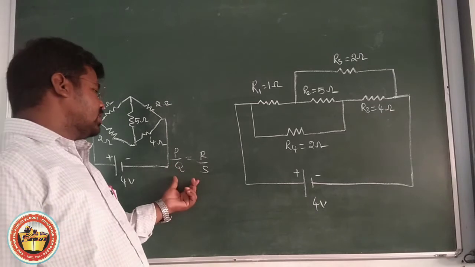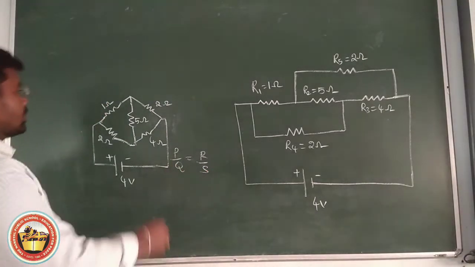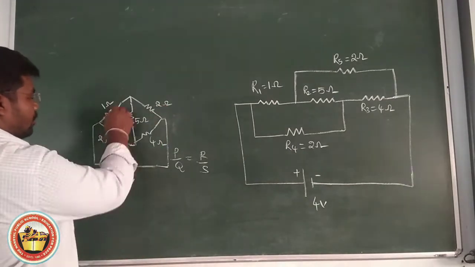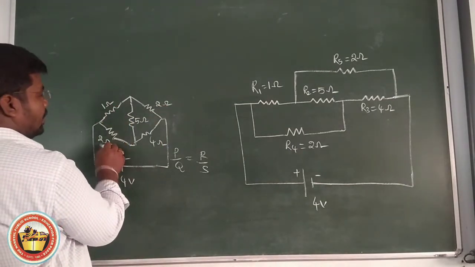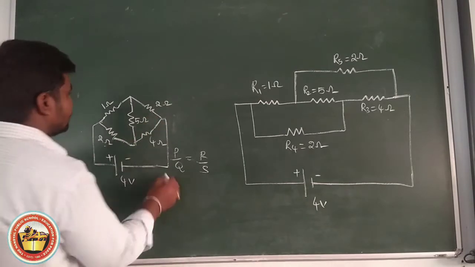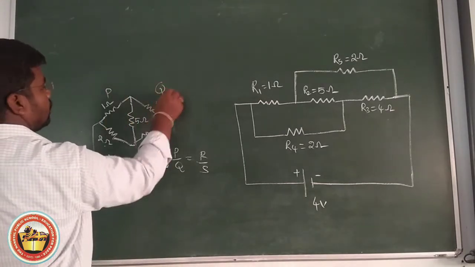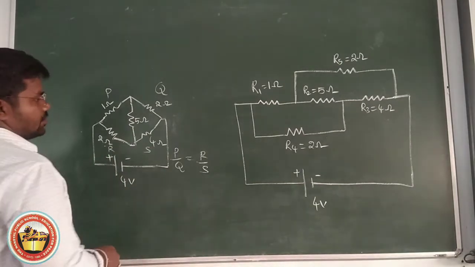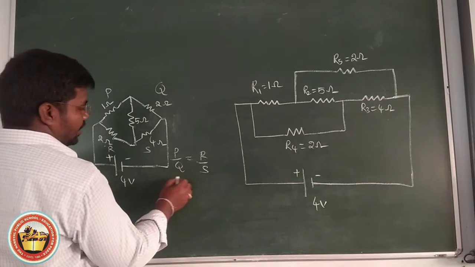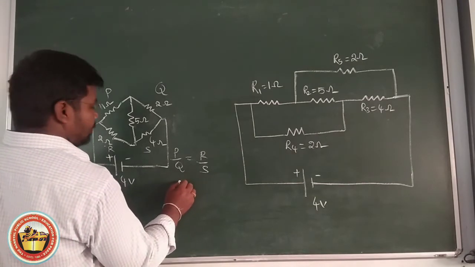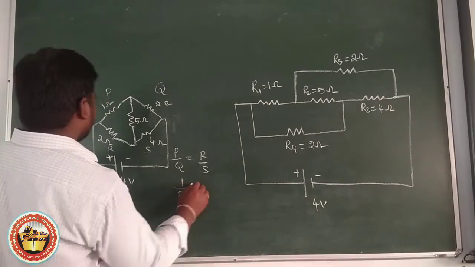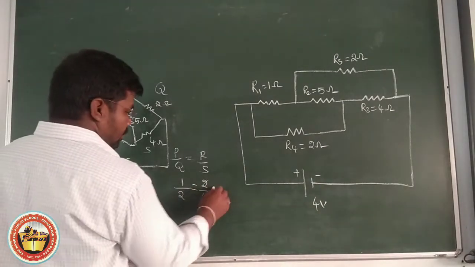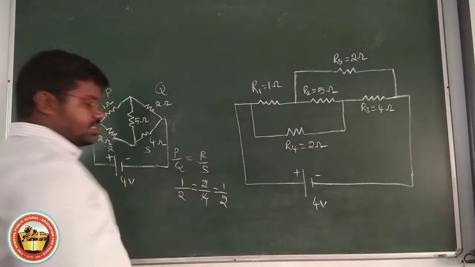Suppose (1 by 2) divided by (2 by 4). For P, Q, R, S, P is 1, Q is 2, R is 2, S is 4. So this ratio is the same.